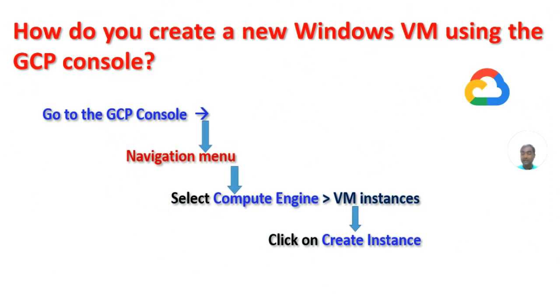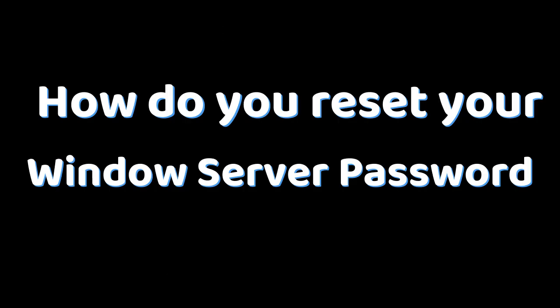Guys, these are the important steps you can go through one by one for creating your new Windows Server. I'll show you all the steps inside the lab so that you can easily understand and remember it.